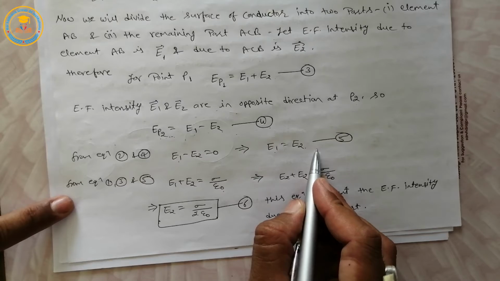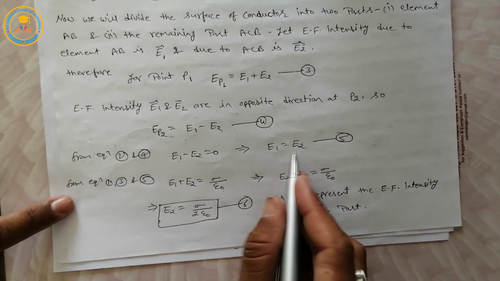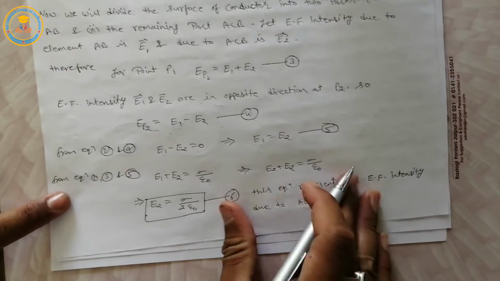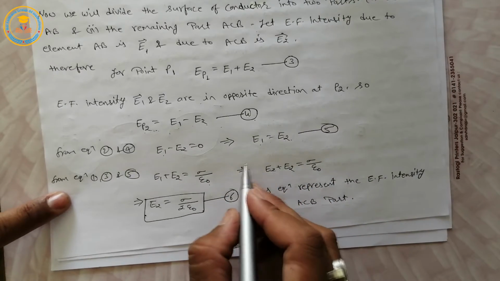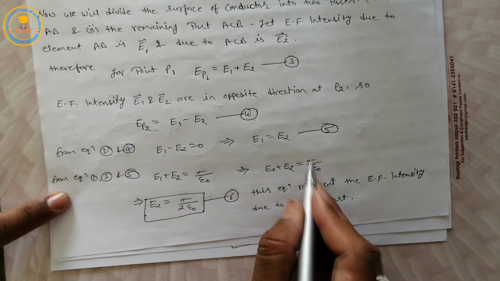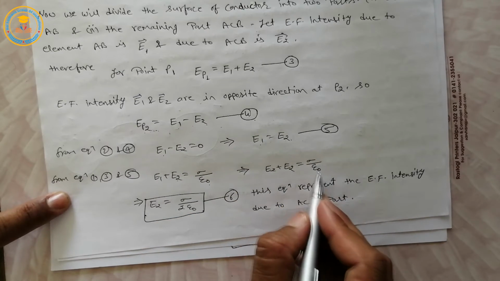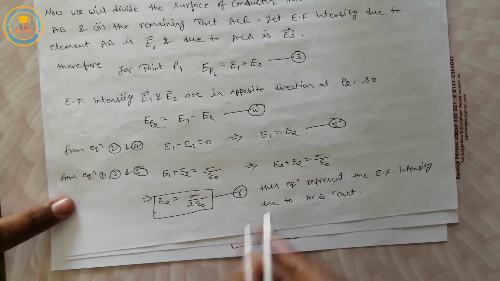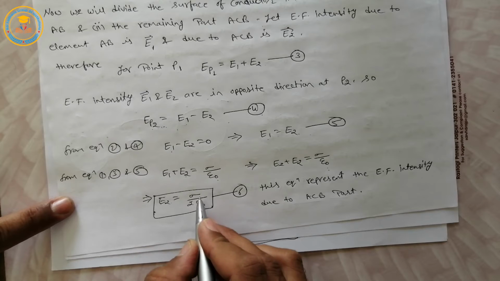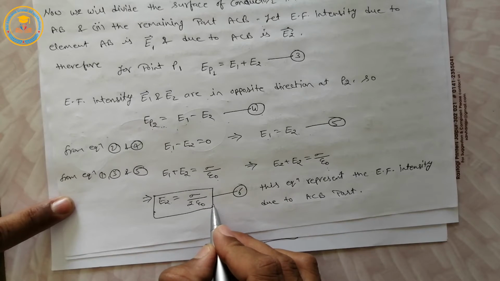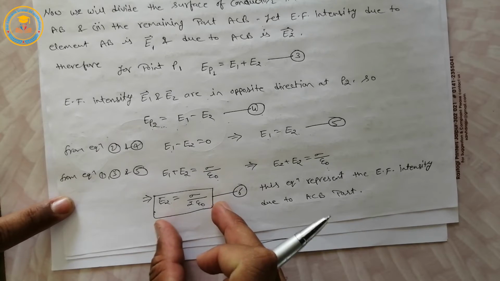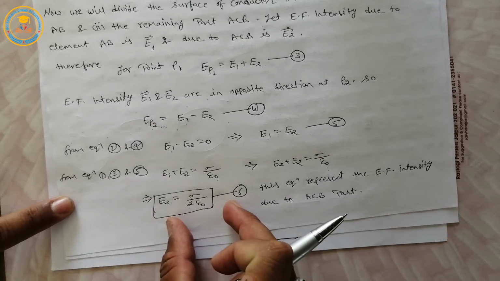From equation 5 we put E1 equal to E2, so E2 plus E2, that is 2 E2, is equal to sigma upon epsilon naught. So E2 is equal to sigma upon 2 epsilon naught. This equation represents the electric field intensity due to the ACB part.